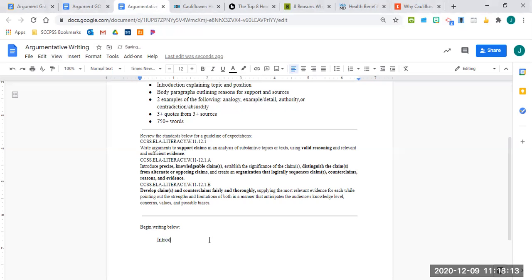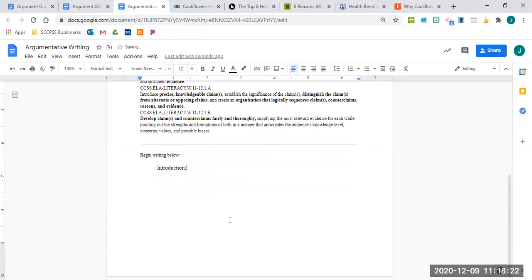For introduction, or read. Okay, I'll do a little bit of both. Introduction. Make this into outline. I just press Control Shift 8 to get the bulleted list. Introduction. People are more health conscious.